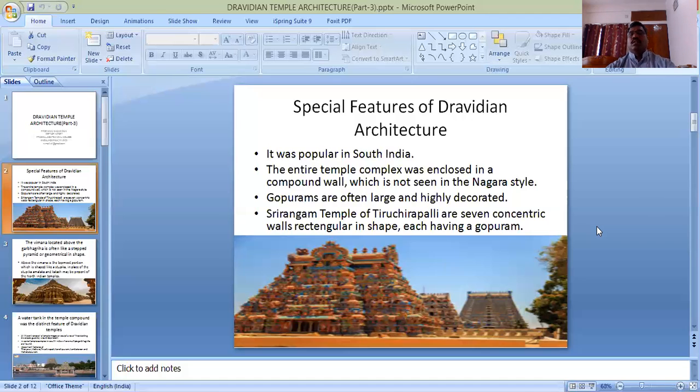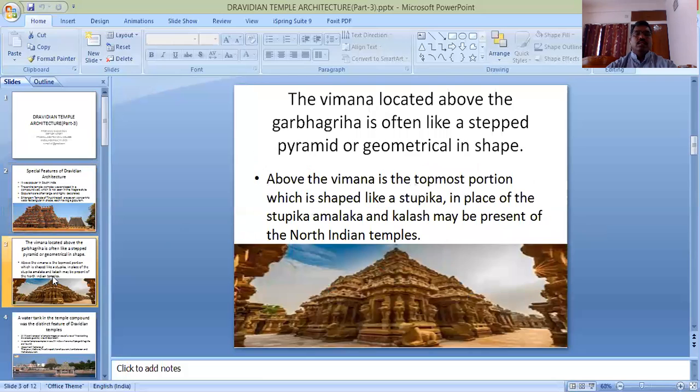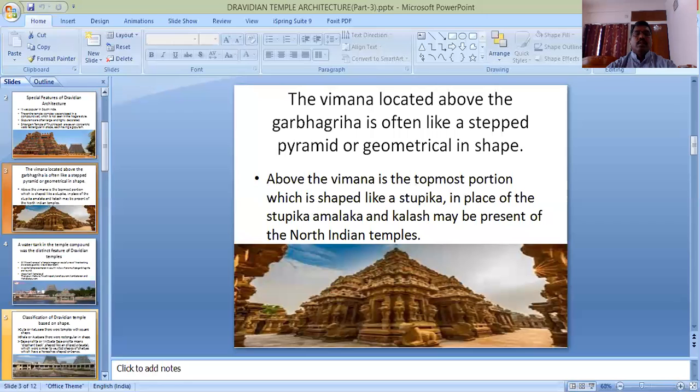So the Dravidian architecture or South Indian temple style is different from the Nagara style based on the compound wall, the gopuram and the rectangular shape. So the Dravidian style of architecture is specific to the South Indian region and the South Indian temple architecture.